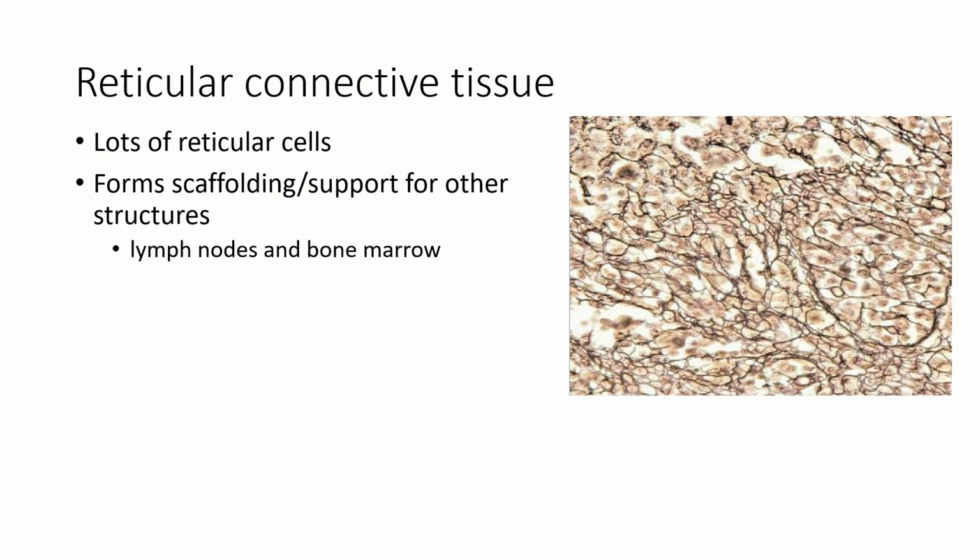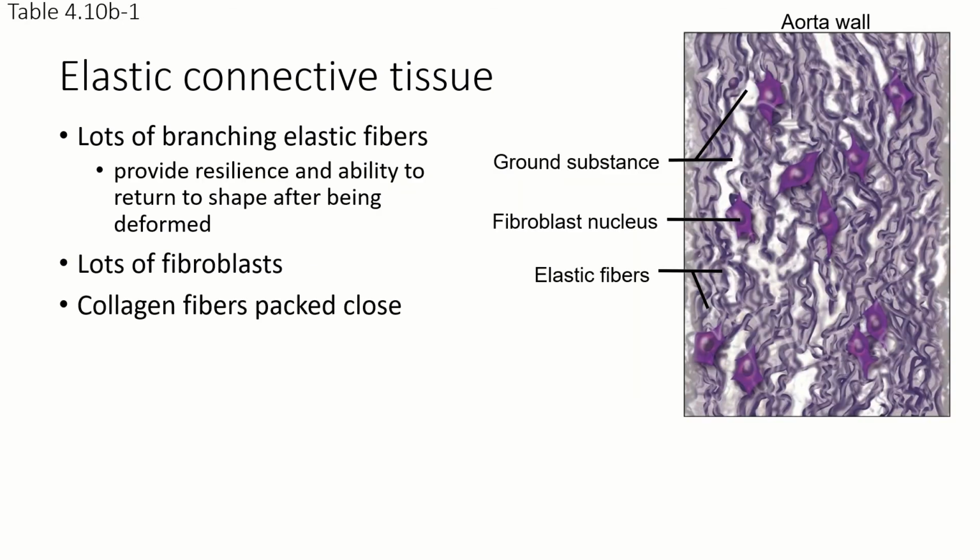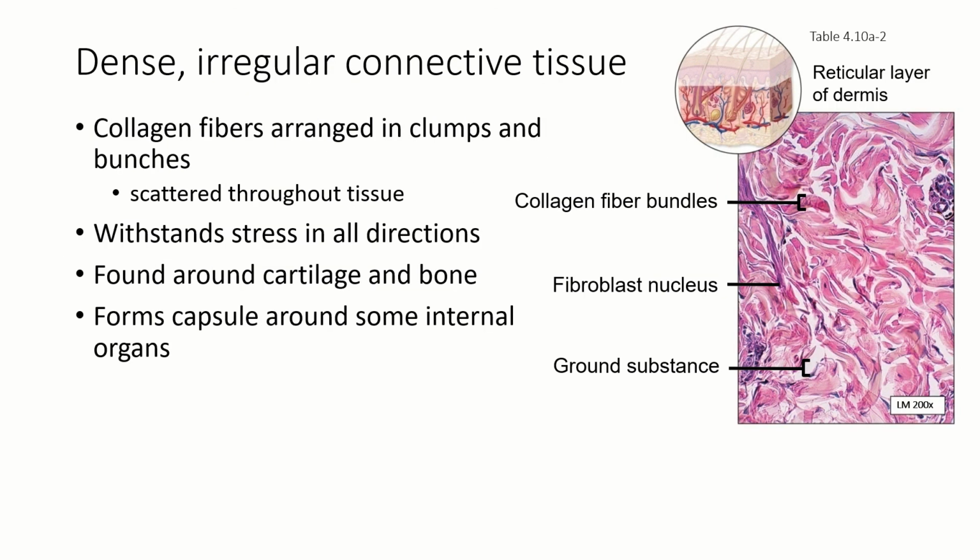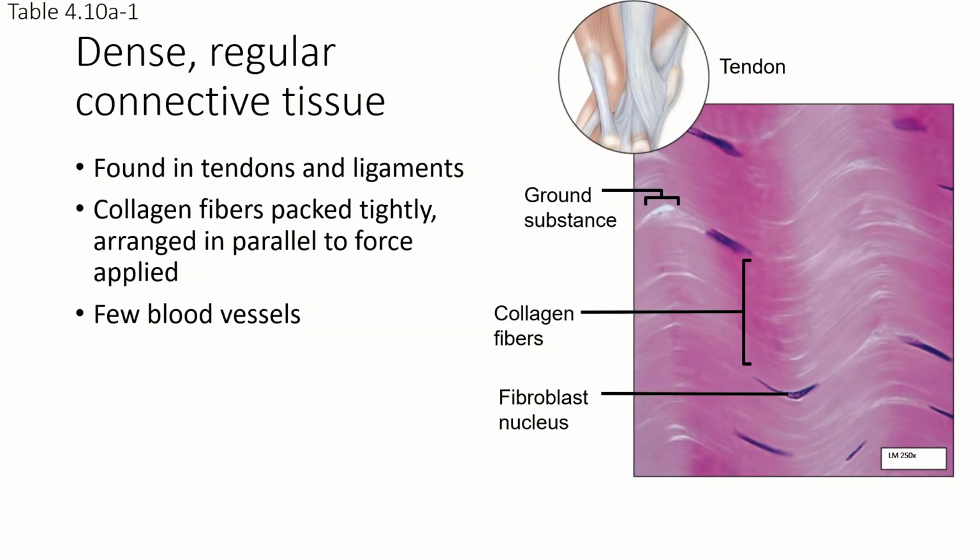All right, so we've got reticular connective tissue, elastic connective tissue, lots of elastic, less collagen. Dense irregular connective tissue, lots of collagen in bundles going every direction. Dense regular connective tissue, fibers going in one direction, all collagen.